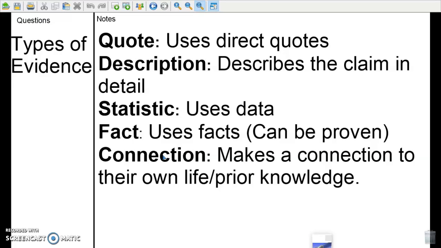That's a connection to my own life. With the uniform example, I would say I used to be bullied when I was in 5th grade because of the way that I looked. That's a connection that I'm making to my own life. I can prove that to you that I was bullied because of the way that I looked and dressed when I was in 5th grade.